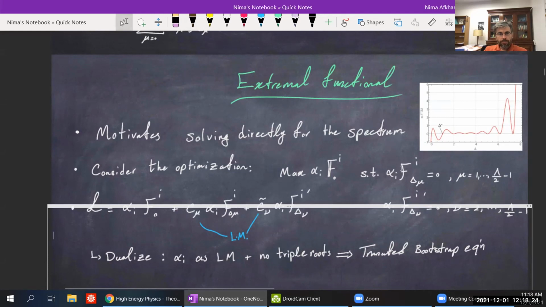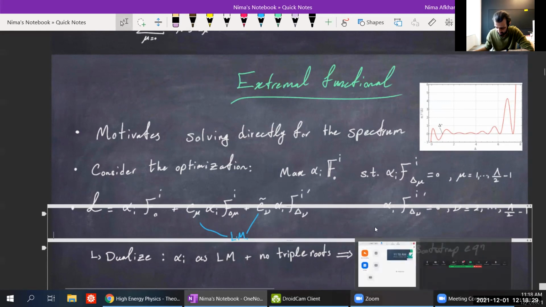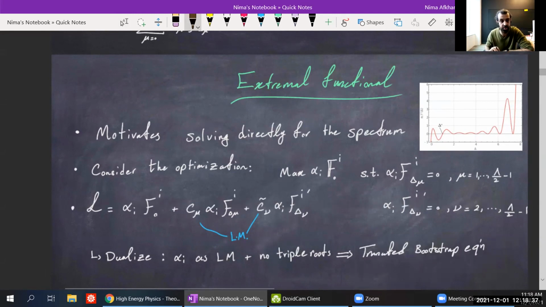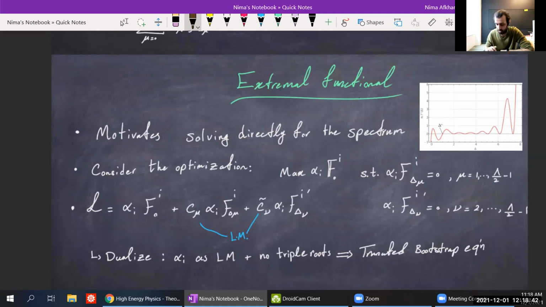So this equation is imposing that I have zeros in the extremal functional. And this equation below it is imposing that I have double roots where the double roots are. Notice that the mu index goes from 1 to the total number of zeros, and the nu index goes from 2, because this first root that appeared was a single, and the rest were all doubles. So in this simple case, the Lagrange multipliers are simply imposing these conditions on my extremal functional.